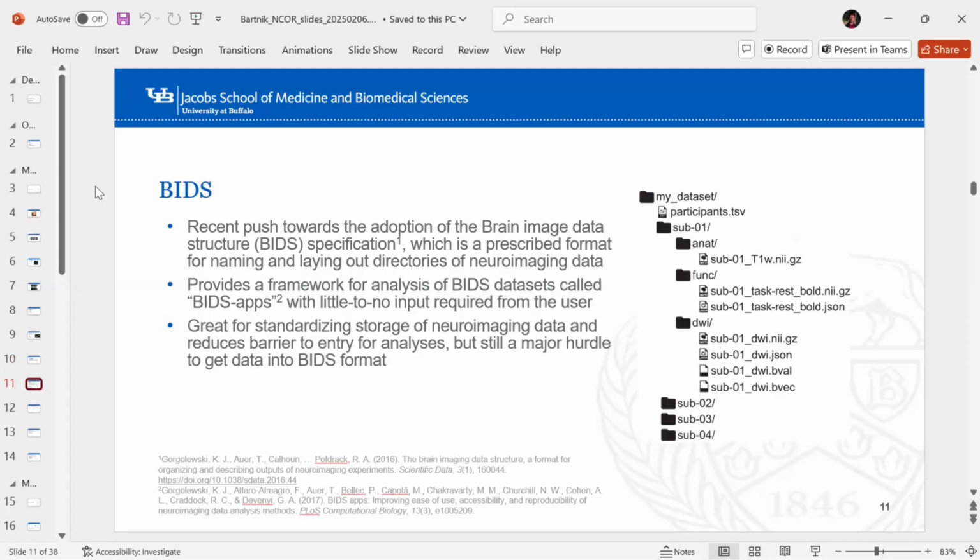Taking that one step further, there's recently in the realm of neuroimaging been the push for what they call BIDS, or the brain image data structure. And this is really just, you can think of it as a standard vocabulary for how you name your imaging data as you store it in a file system. So it kind of sits one step ahead of DICOM.